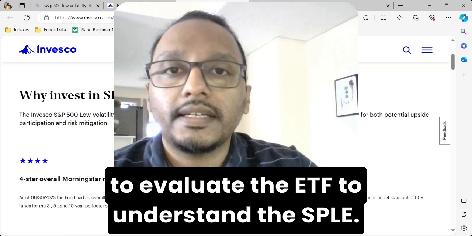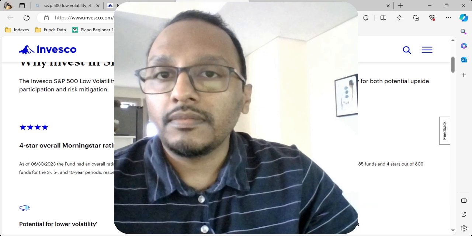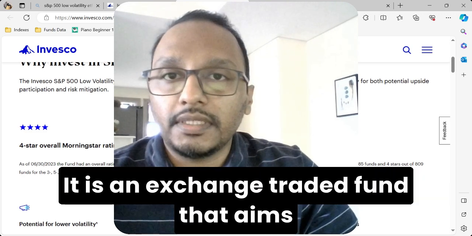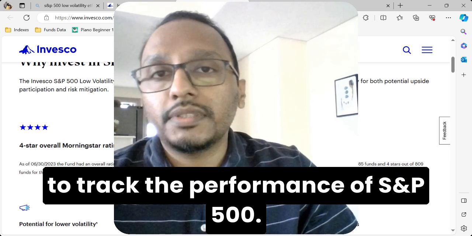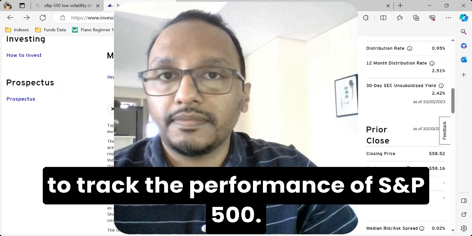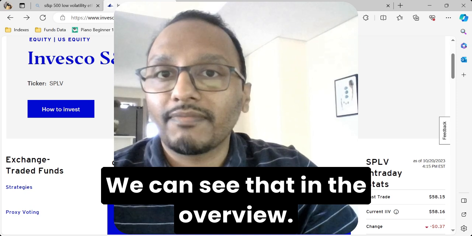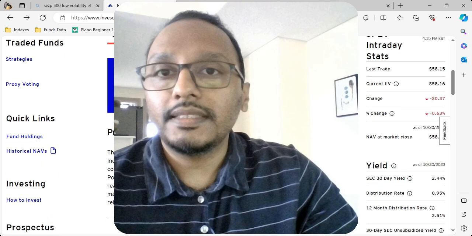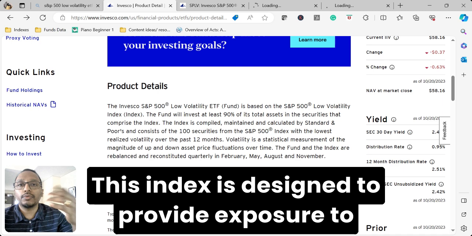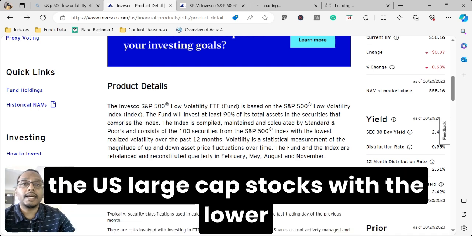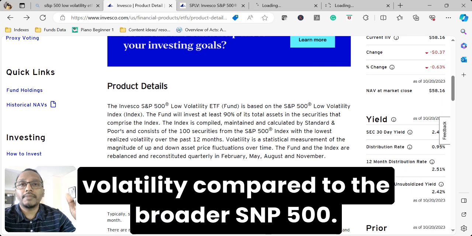To understand the SPLV, it is an exchange-traded fund that aims to track the performance of the S&P 500 Low Volatility Index. We can see that in the overview. This index is designed to provide exposure to US large-cap stocks with lower volatility compared to the broader S&P 500.